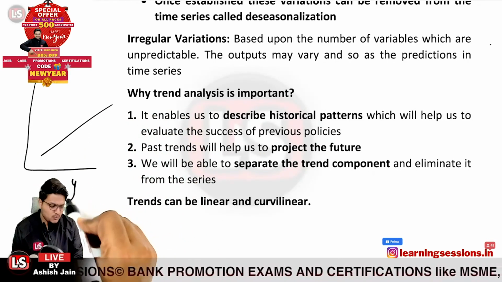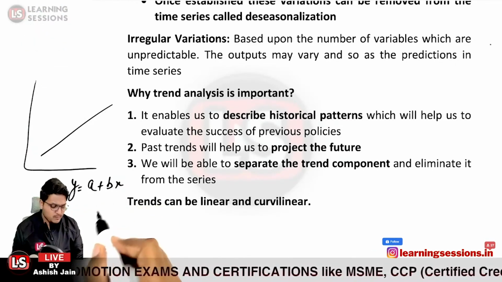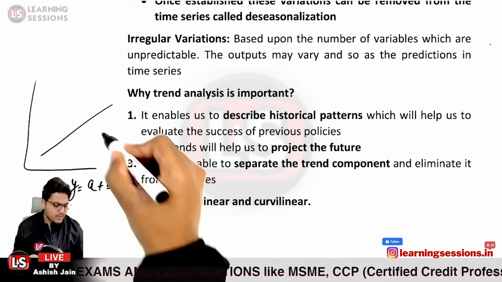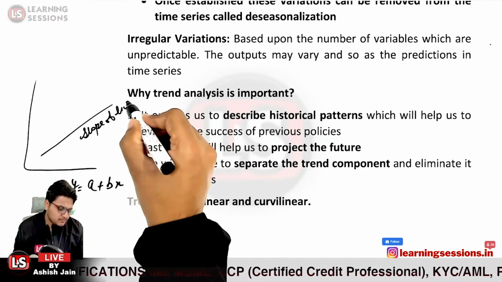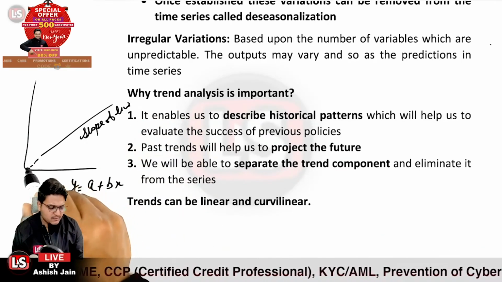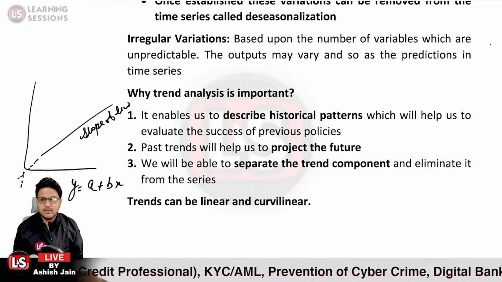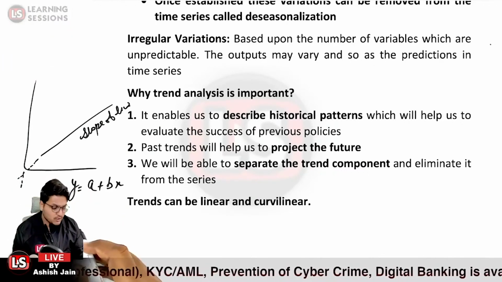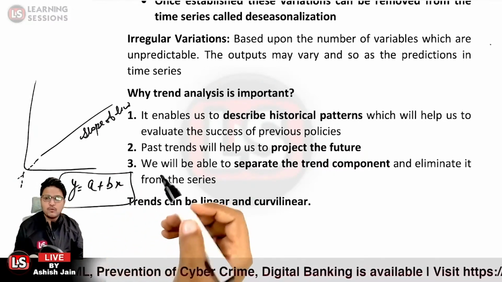It is y equals a plus bx, where b is the slope of the line, and a is the y-intercept, where the line will intersect the y-axis. Now using this equation, we can forecast our values.